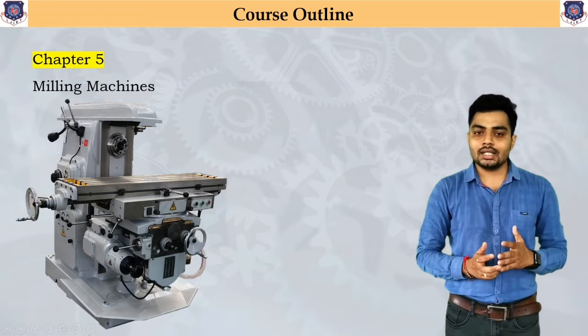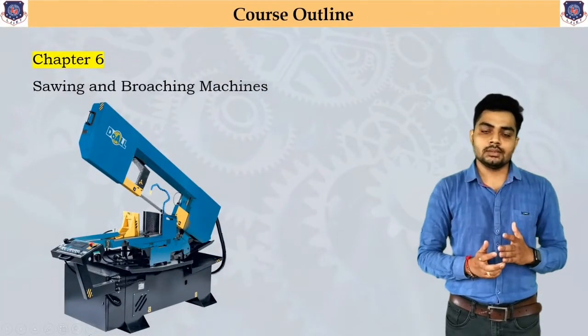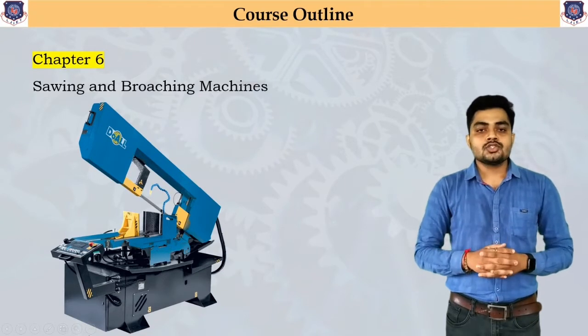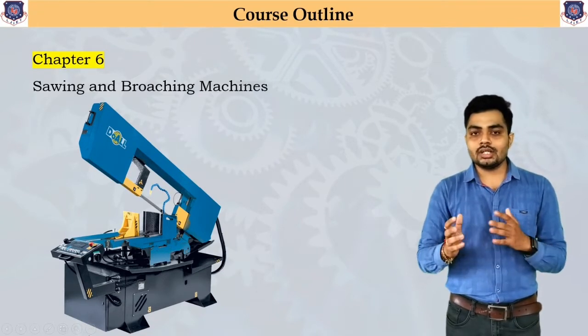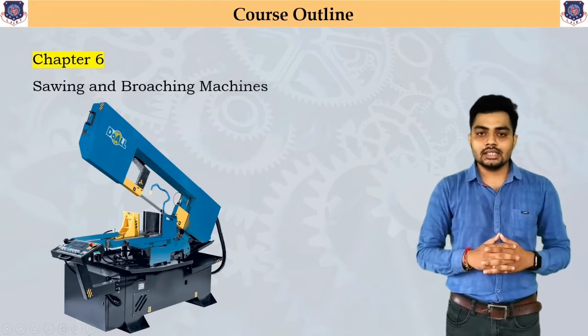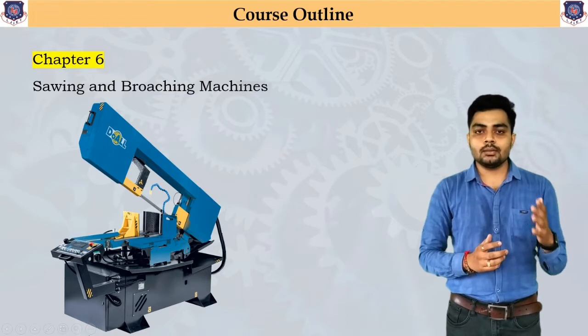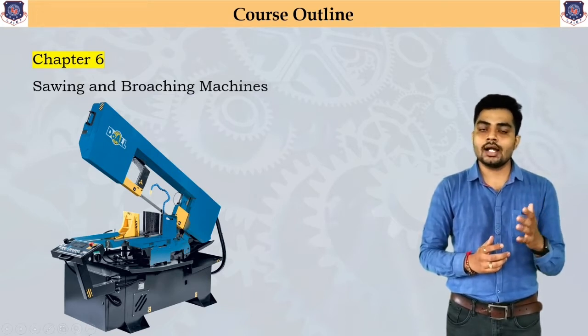Now our next chapter, chapter 6, is the sawing and broaching machine. As you can see in the figure, sawing and broaching machines are two different machineries, of which the sawing machine is shown here. This machine is useful to cut the component or workpiece to the required shape.